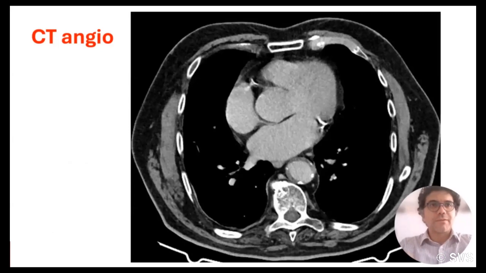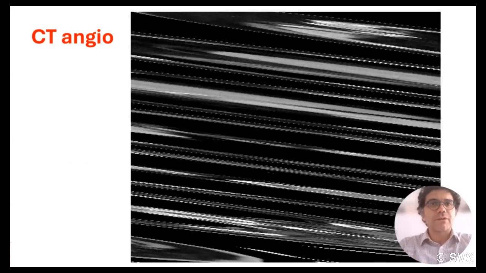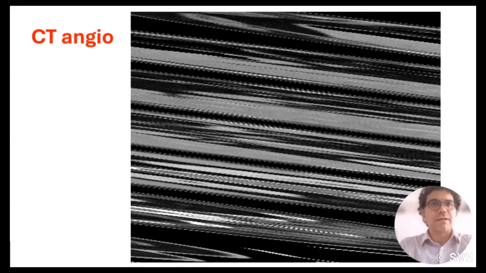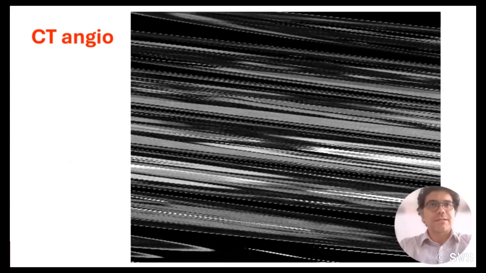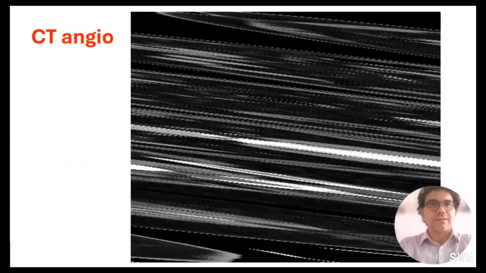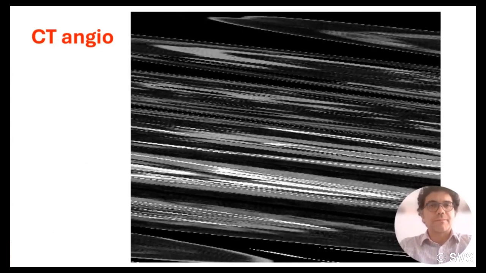As you can see in the CT, there is a lot of thrombus inside the aorta, and on the right side you can see the bulging close to the renal arteries and the AAA localized to the abdominal aorta.